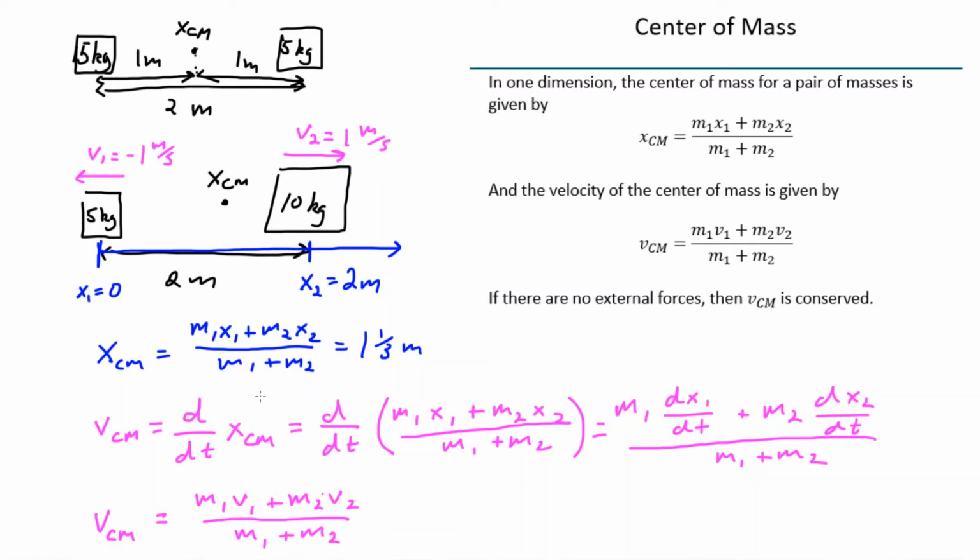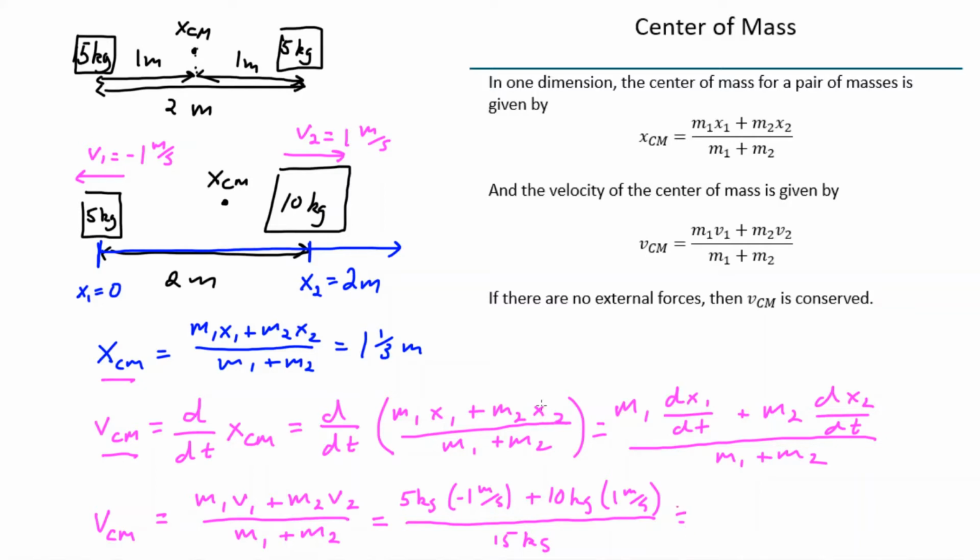Okay, so you can see just by taking the derivative with respect to time of x center of mass, I get v center of mass, which looks like almost the same formula, but instead of being a weighted average of the positions, it's a weighted average of the velocities. Well, this here equals, for this particular case, 5 kilograms times negative 1 meter per second plus 10 kilograms times 1 meter per second, all of this over 5 plus 10 is 15 kilograms.